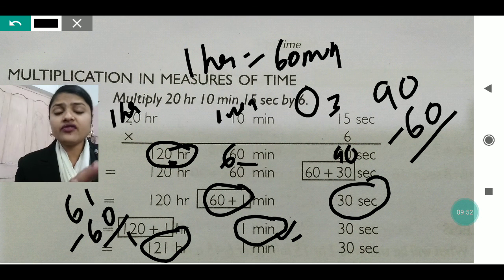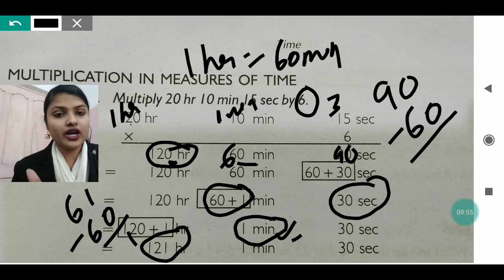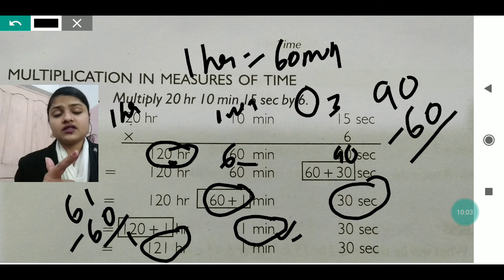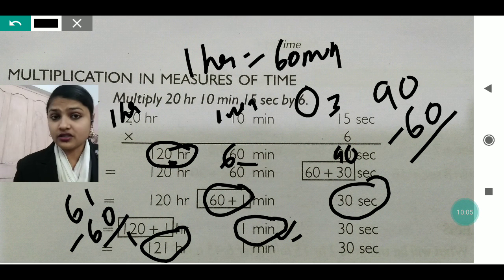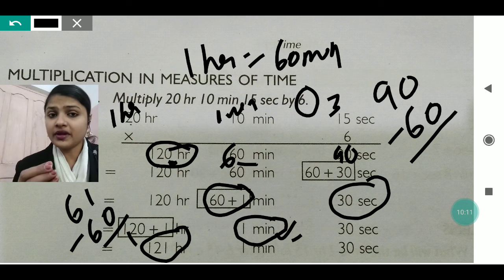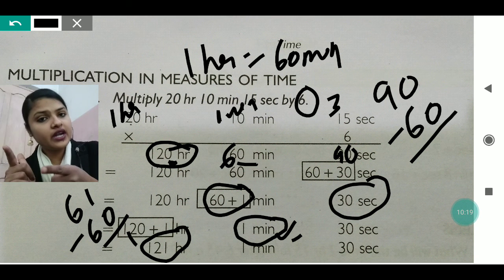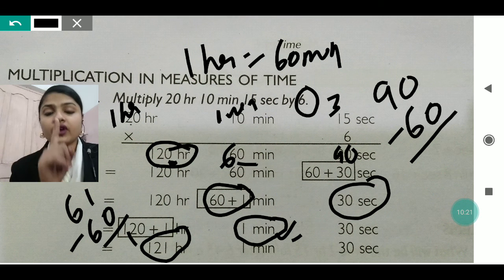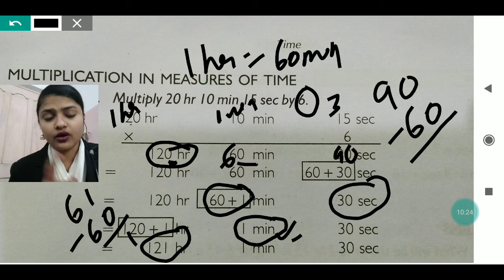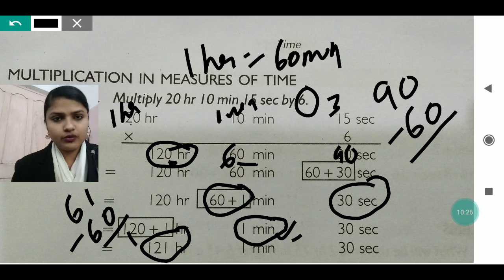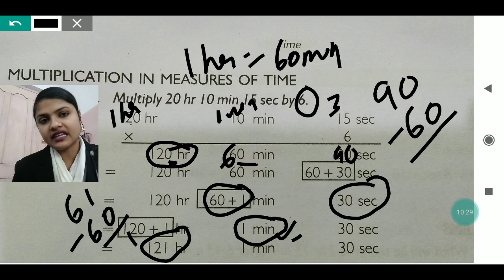Now if in the minutes you get 72, plus 1 makes 73, we can take 60 minutes from that and get 13 minutes left. That is written in the minutes column, and that 60 is converted into 1 hour and written in the hour column. After that, you multiply the hours and add that 1 hour to whatever you get.